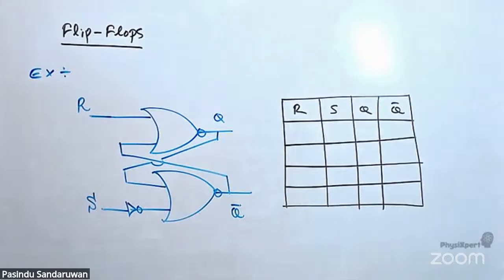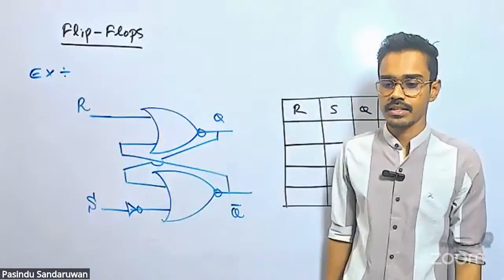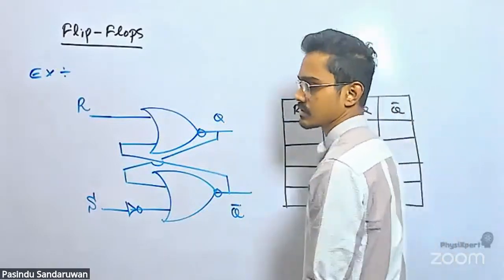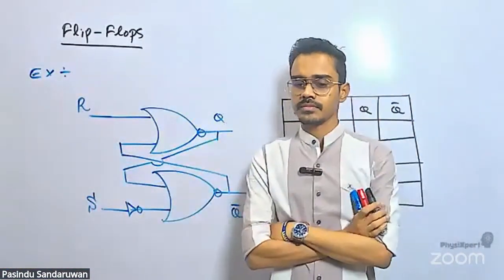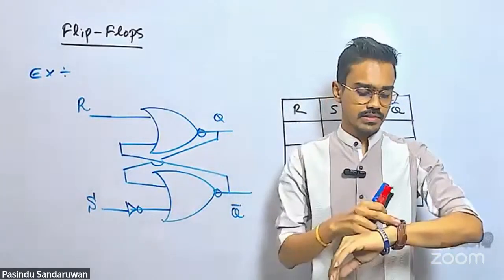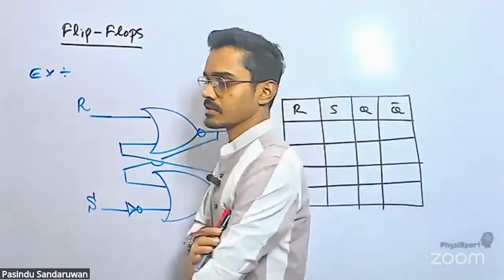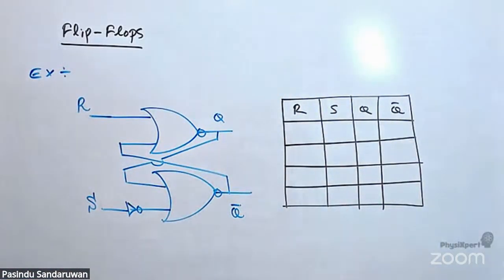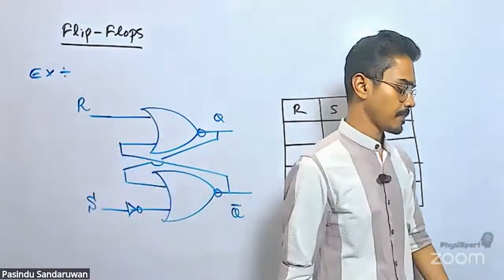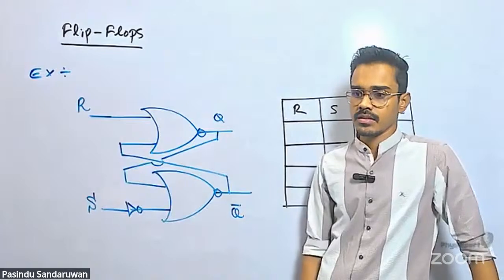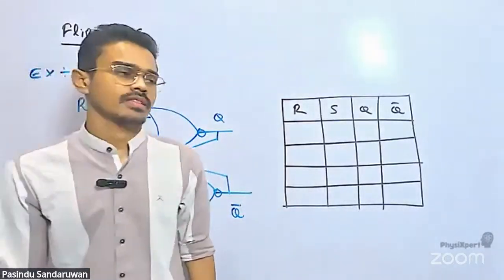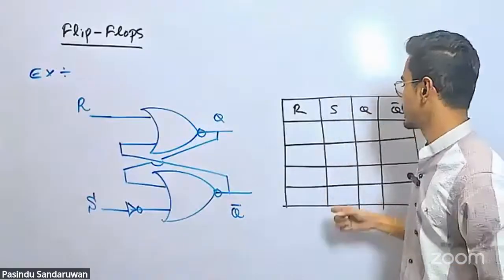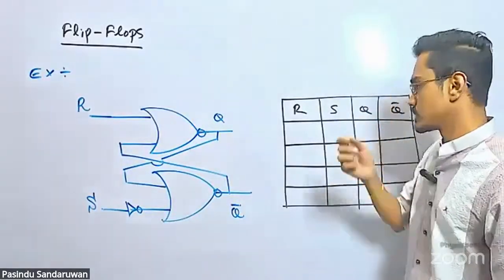Any answers? Quickly. Anyone? I need these four lines.